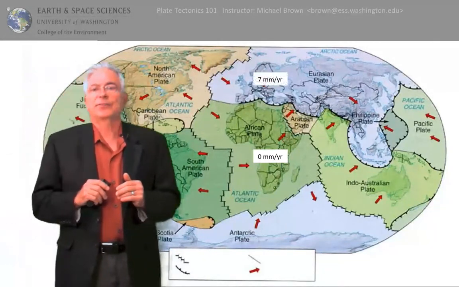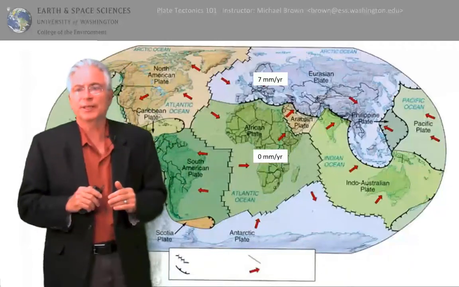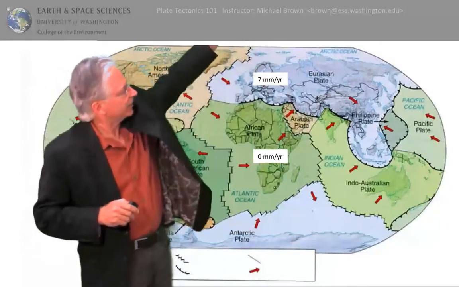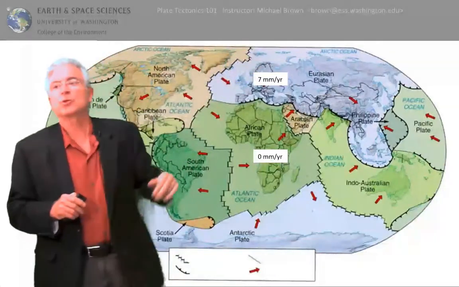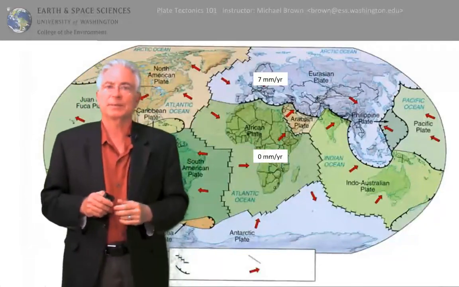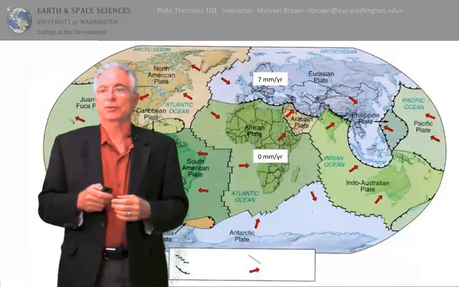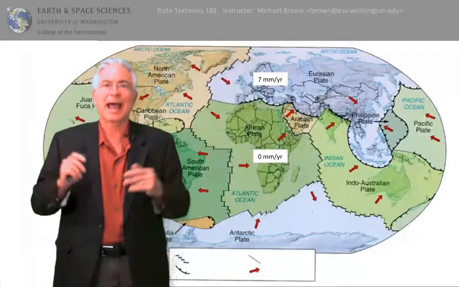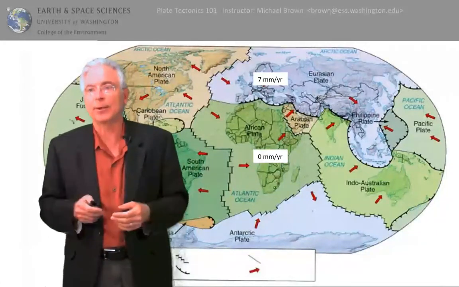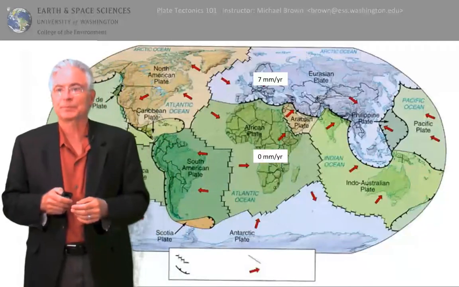Well, to the north of Africa lies the Eurasian plate. It's moving about 7 millimeters a year, and actually it's moving south towards Africa at about 7 millimeters a year. So there's a convergence of those two plates along a trend that includes some of the active tectonic regions in the Alps and the Mediterranean.